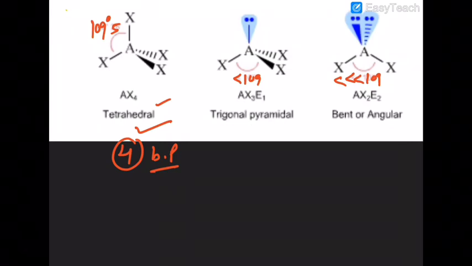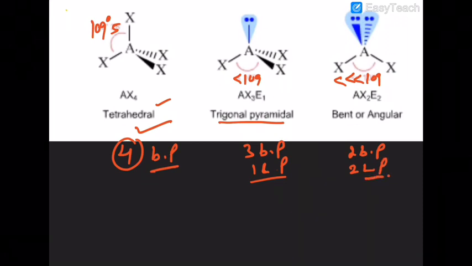But if you have 3 bond pairs and 1 lone pair, then you have a trigonal pyramidal shape. And if you have two bond pairs and two lone pairs, then you have a bent shape or angular shape molecule.